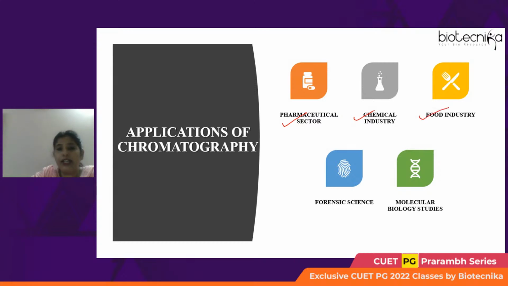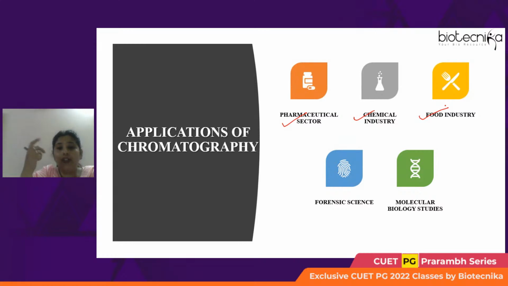Then in the food industry, like in the middle of the session I gave you an example, if you are testing the food quality, there are several food coloring agents which are used, right? But only those food coloring agents are used which the regulatory agencies permit.